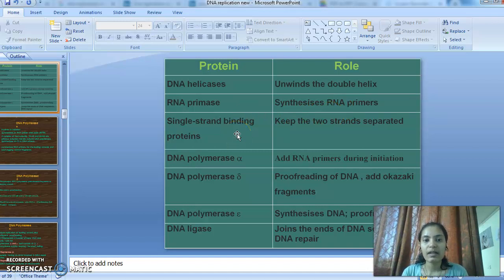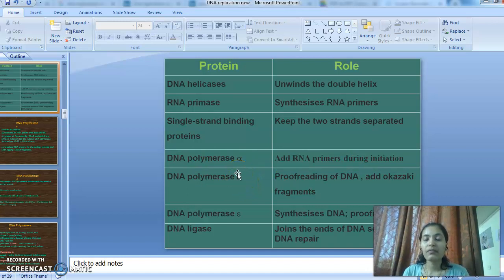Next is single stranded binding protein, which keeps the two strands separated so that they are not interlinked, so it is called DNA strand binding protein, SSB. Then you have DNA polymerase alpha, which adds RNA during the initiation. Next is delta, which does the proofreading. What is proofreading?